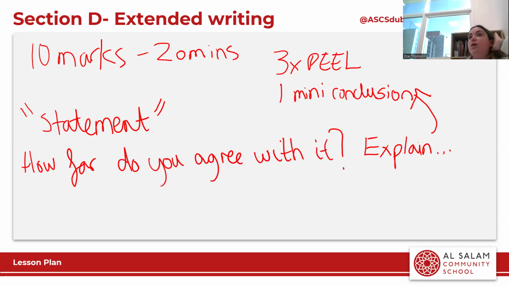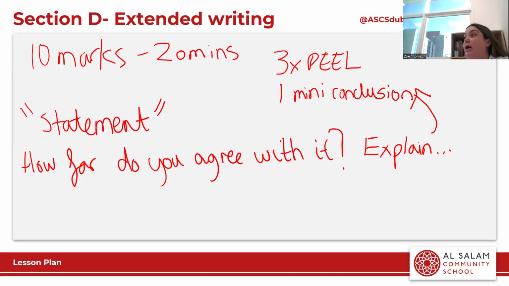Now, this question, I'll give you a little tip and hint. This question is going to be based on the independence movements. Okay, so that lesson you had about all of them, I suggest you go through and revise them.